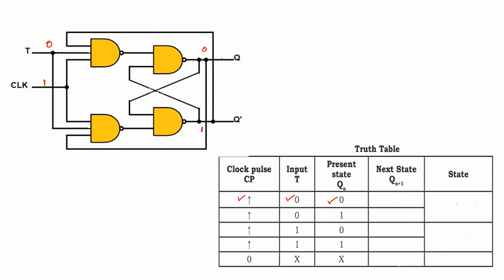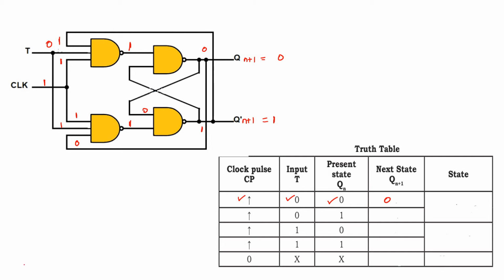Then here 1 is connected, and here 1, 0 is connected here, and here also 1 is connected. 0 into 1 into 1, that is 0, 0 bar is 1. Here also 0 bar, that is 1, 1 into 1, that is 0. So Qn plus 1 next state, that is 0, and the same 0 is connected here, and 0 into 1, 0, 0 bar is 1. Qn plus 1 bar is equal to 1. So there is no change in the state.